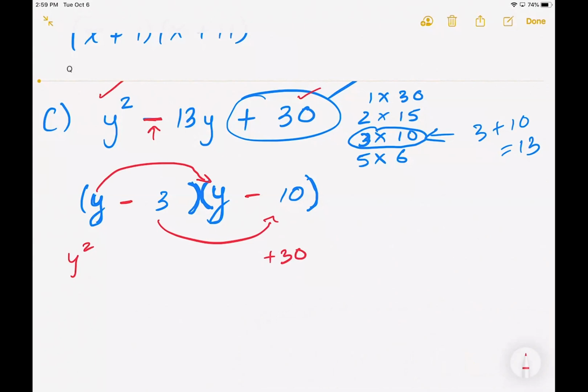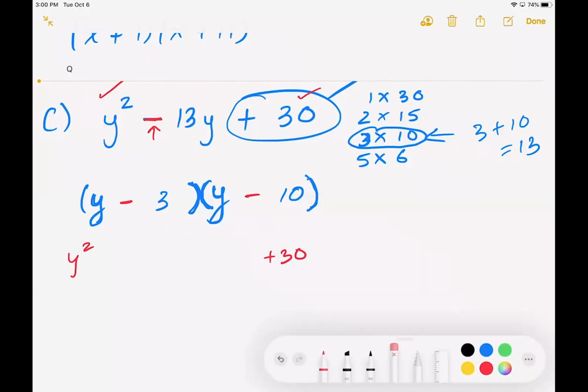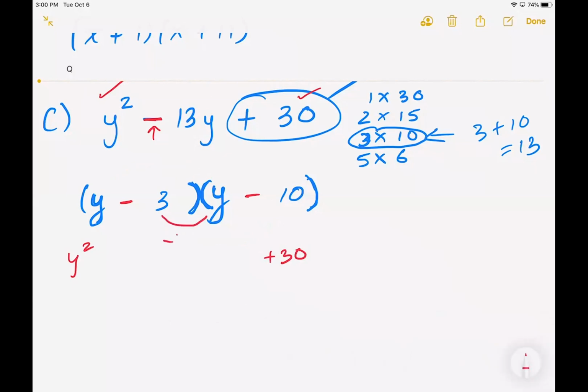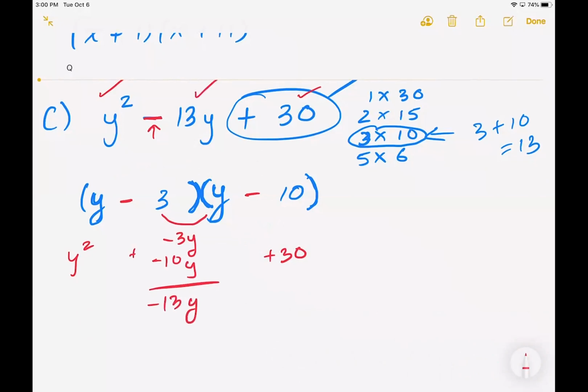The only thing we need to test now is the middle item. If you do the middle item, you can see that we have negative 3y and another negative 10y. Negative 3y and negative 10y, because they are the same sign, we add them to give you a negative 13, and that is where your middle number comes from, okay?